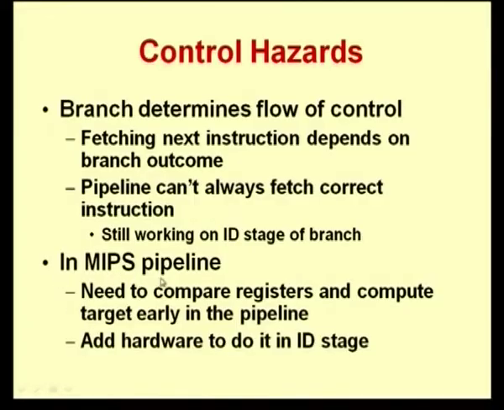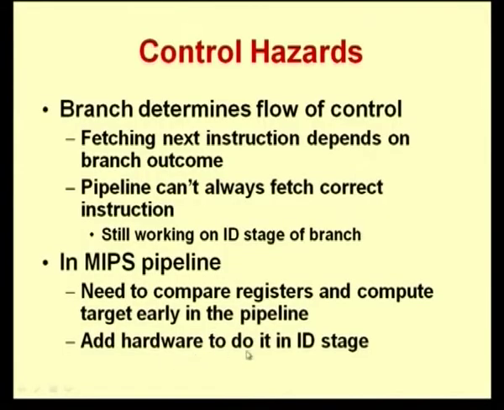Now, in the MIPS pipeline, if you have a conditional branch for instance, then you will have to compare two registers and compute the target early in the pipeline. Now, the way the pipeline is right now, the comparing of registers and computing the target gets done only in the EXE stage, because comparing registers is an operation which takes place with the help of the ALU, and that operation gets done only in the EXE stage.